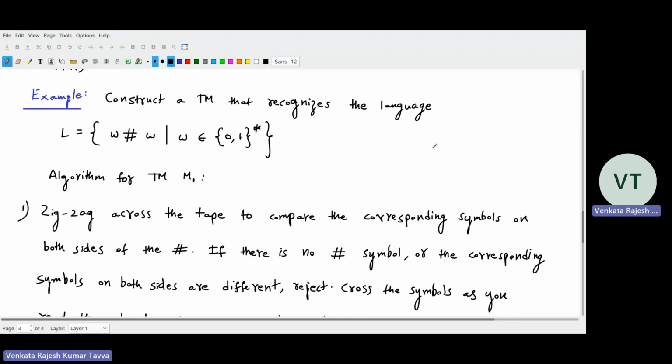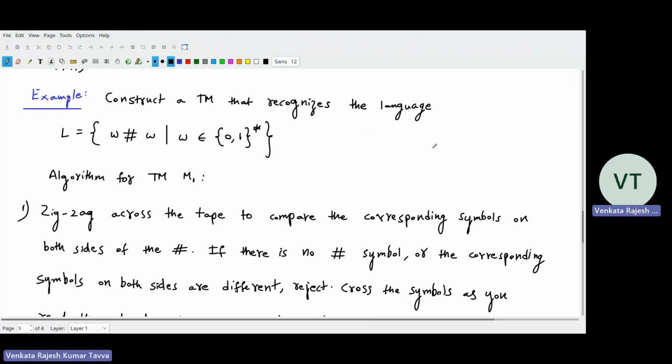Whereas in a PDA, when you use a stack, you can compare the last character of the left half with the first character of the right half, and so on. Only that sequence is possible in a PDA. The other sequence, going in parallel at the same distance with two pointers, is not possible in a PDA. So this can be done only using a Turing machine, not a PDA.